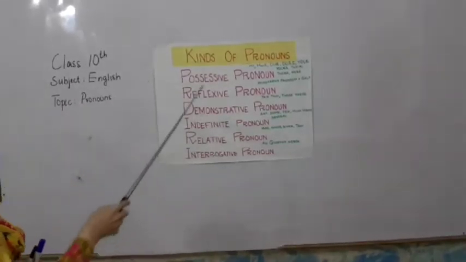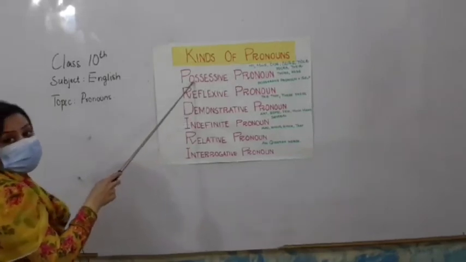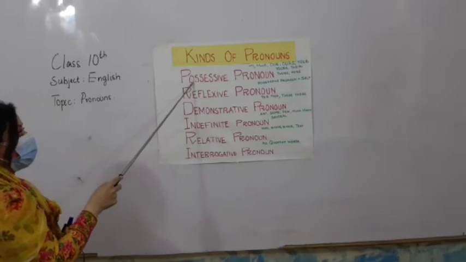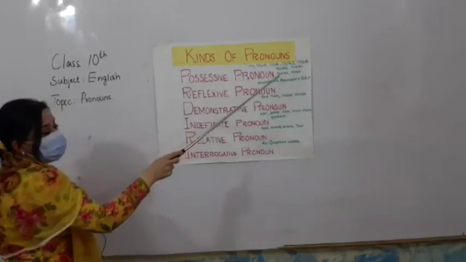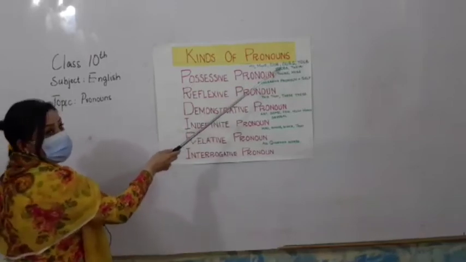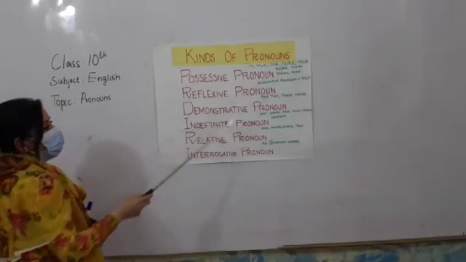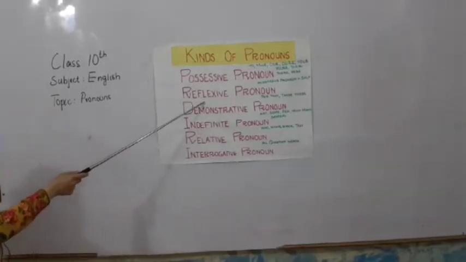They are called possessive or personal pronouns. All these ones that I've said are possessive pronouns. There are many more as well, so we can't limit ourselves to only these pronouns. The next kind of pronoun that we have is the reflexive pronoun.